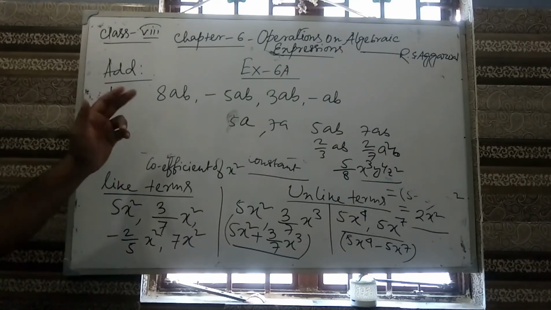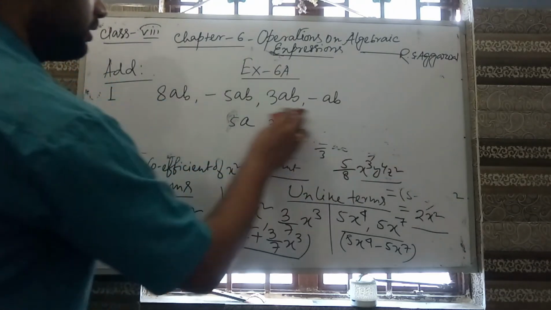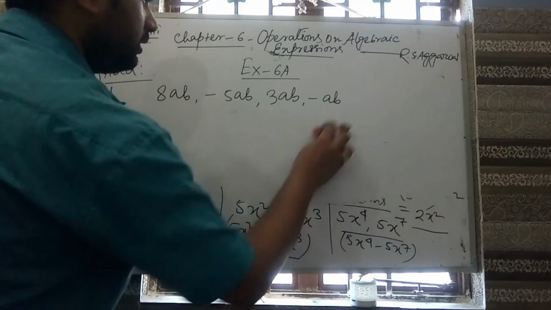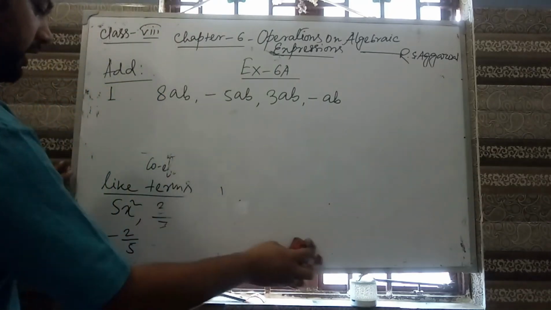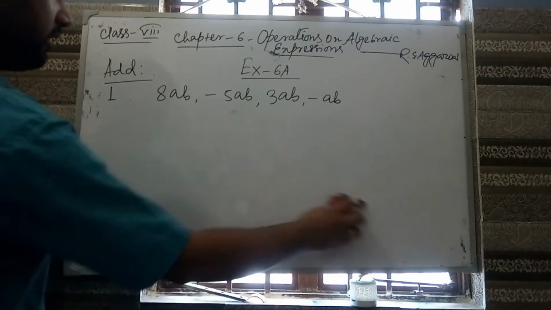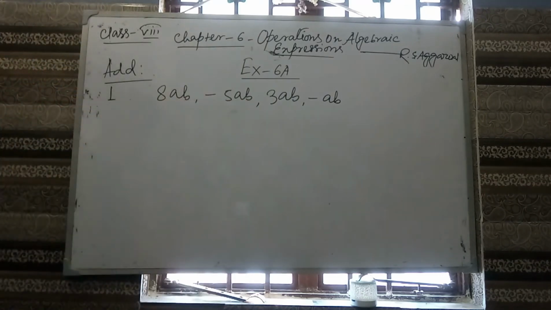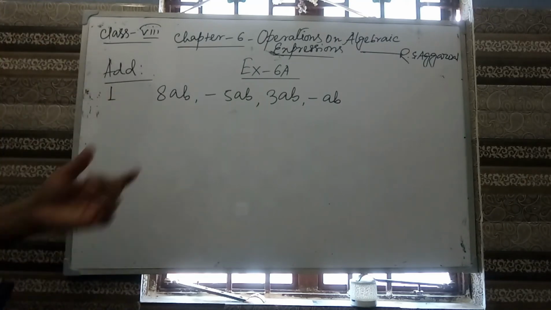Just in the case of question number 1, we have 8AB minus 5AB, then 3AB, then minus AB. Here AB together is called a variable term, so 8AB is totally a variable term.